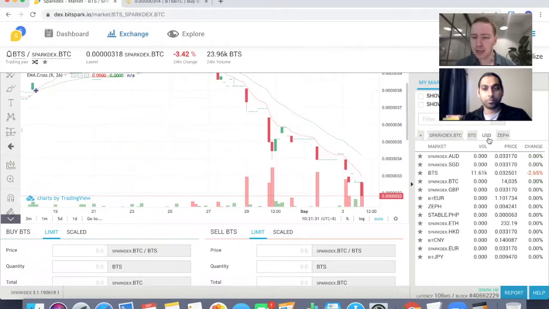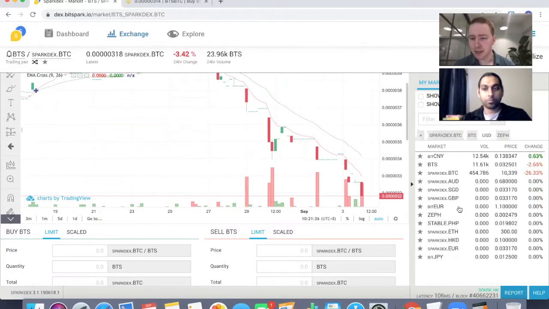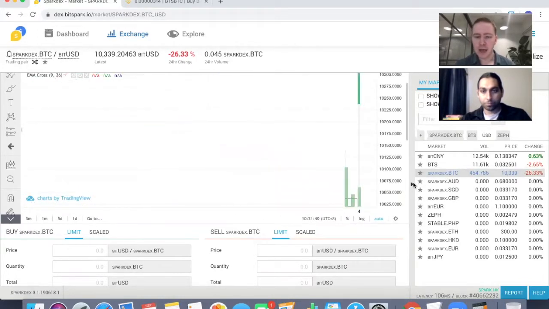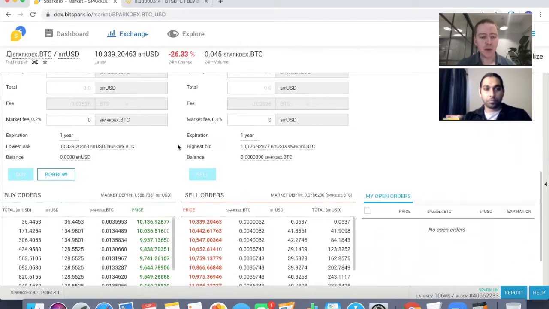Now, there are some other interesting markets as well. So if we switch to, well, let's check the USD market and let's check BTC USD. So this is a new market that recently got up and trading. We can see here that there's a bid at 10,136 and an ask at 10,339.